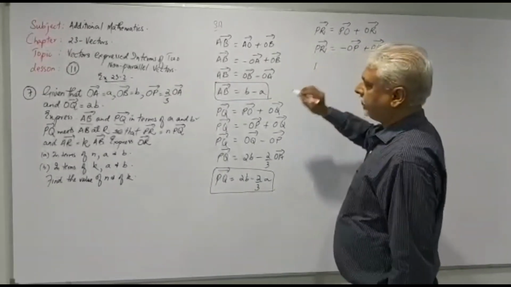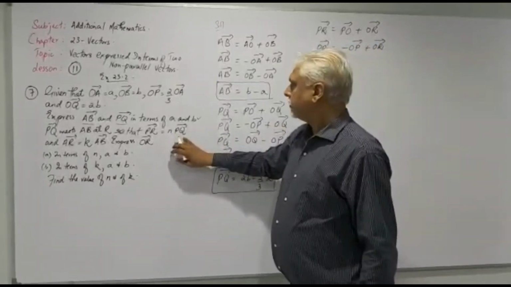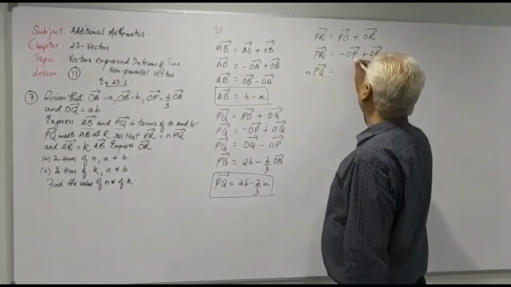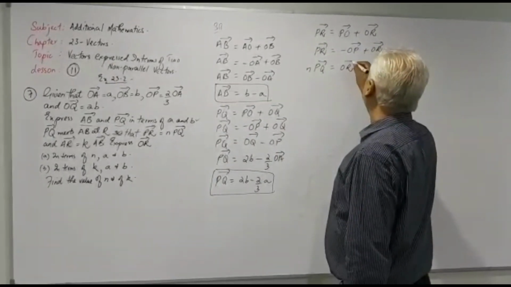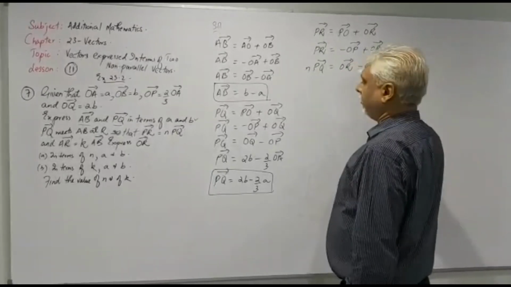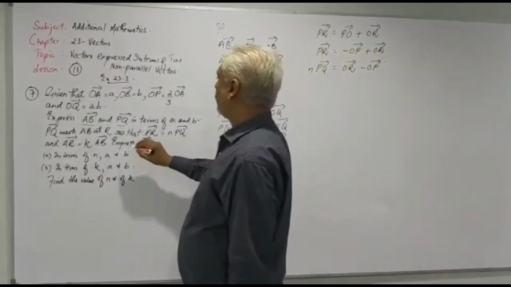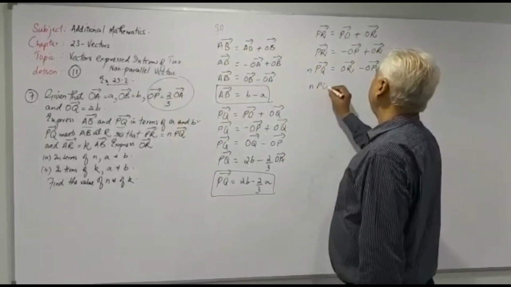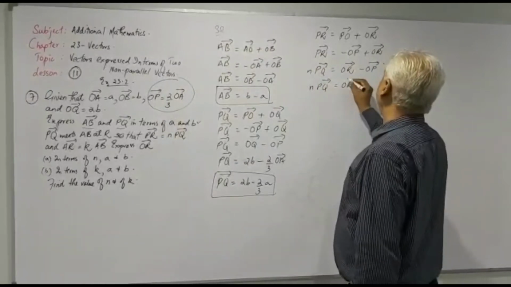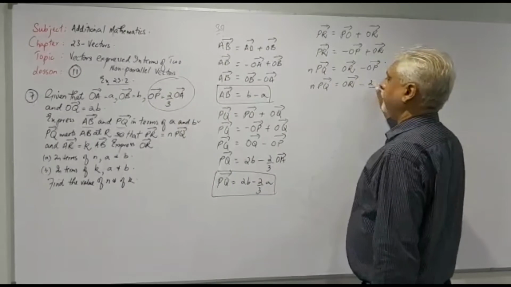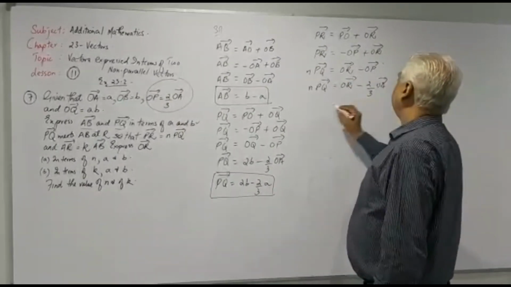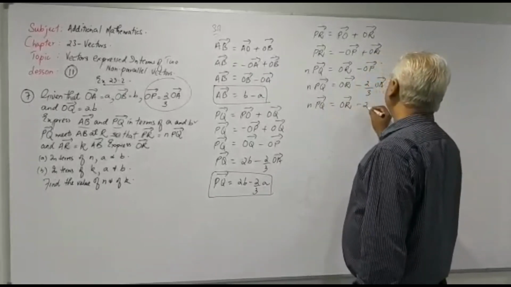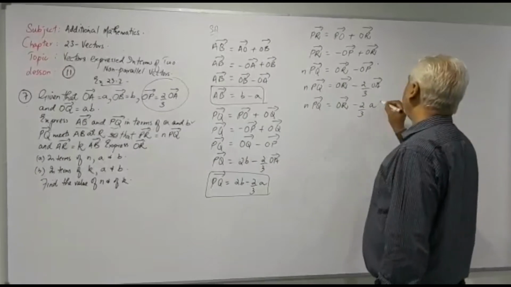PR is equal to nPQ, so I replace PR by nPQ, which is equal to OR minus OP. Now what is OP equal to? OP is equal to 2 by 3 OA. So nPQ is equal to OR minus 2 by 3 OA, which is A.